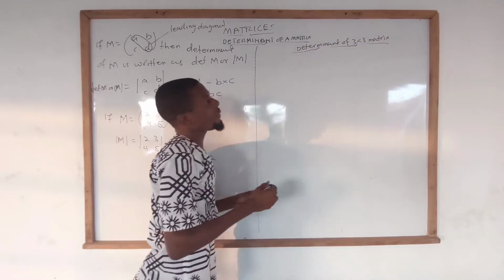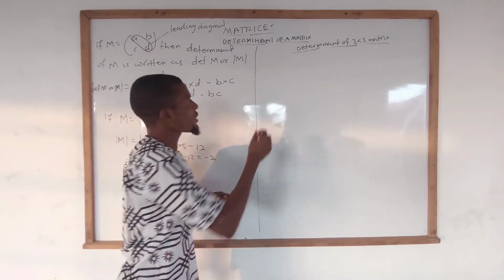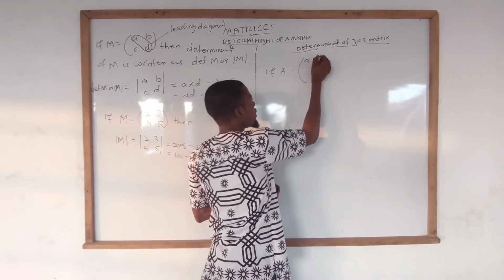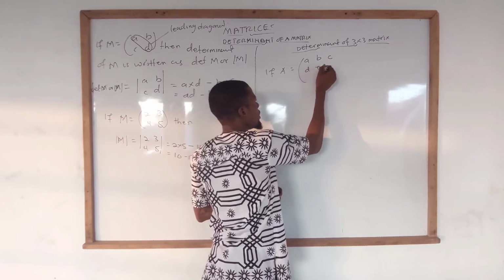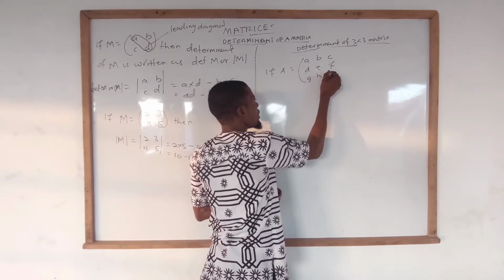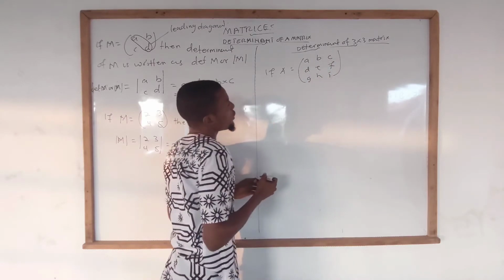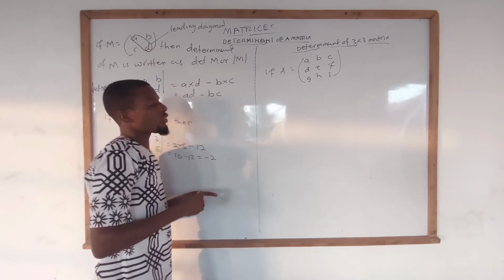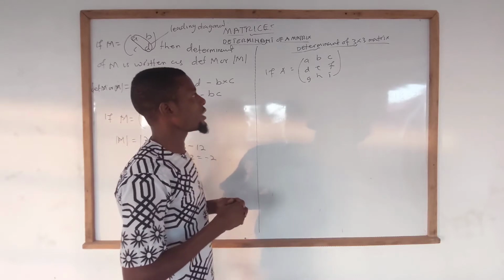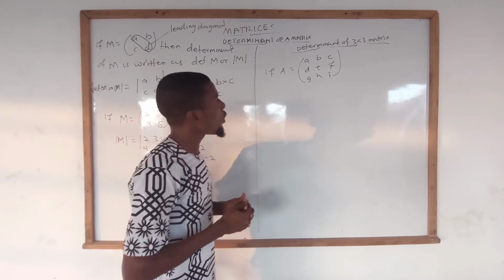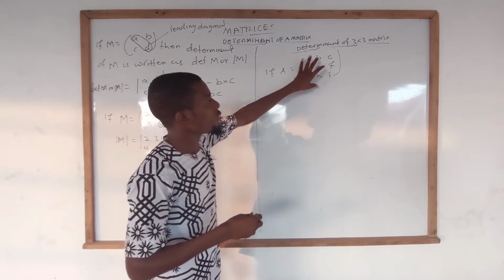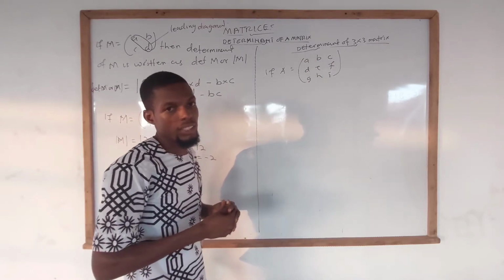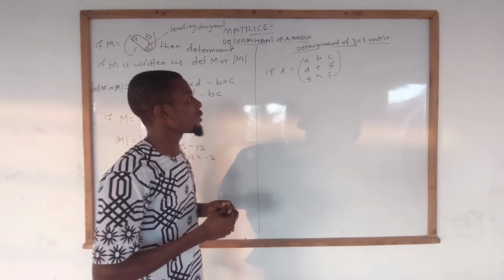If I have A equals A, B, C, D, E, F, G, H, I, this is quite a complex process. The determinant of a 3 by 3 matrix is given by the determinant of the 2 by 2 matrices found in this 3 by 3 matrix, multiplied by what we call the cofactor.